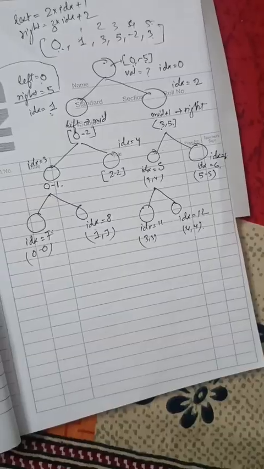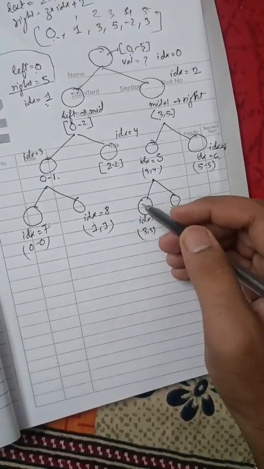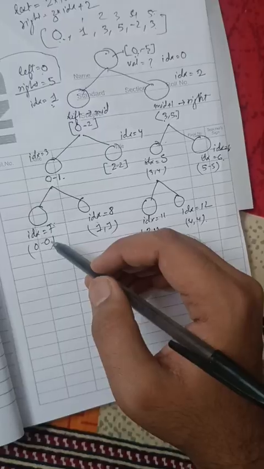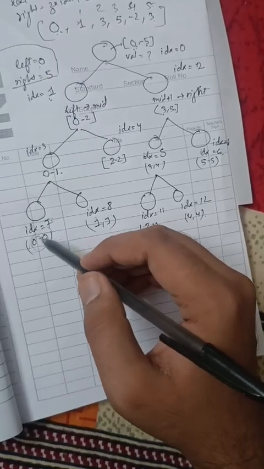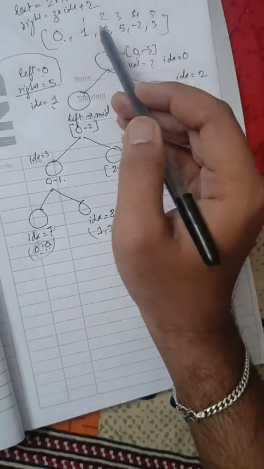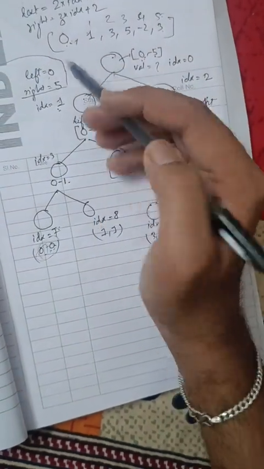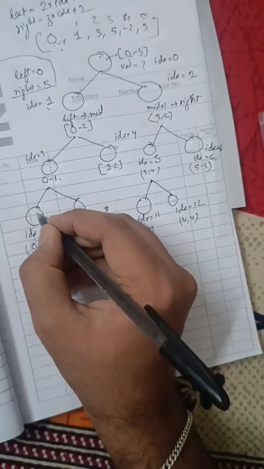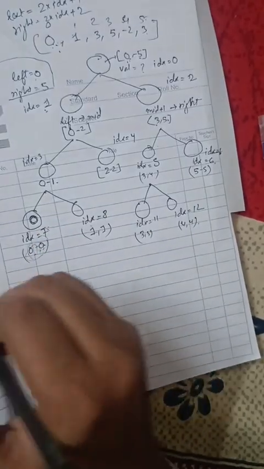Now since I am at a leaf node, I will return the element of that index only, right? So 0 comma 0, that means the 0th index of the array, the element at the 0th index is 0, right? So I will return, so the value will be 0.